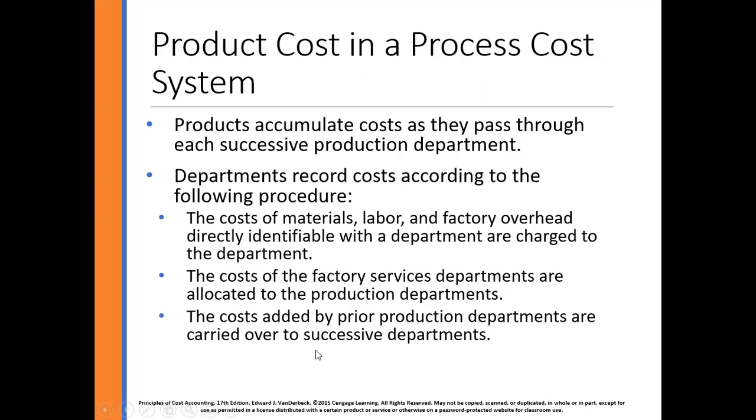Just thinking about that tennis ball example we looked at a few slides ago, the costs accumulated in the core department, where they put the insides of the tennis ball, are going to be transferred over to the felt department once they make it to that stage of the production process, right?